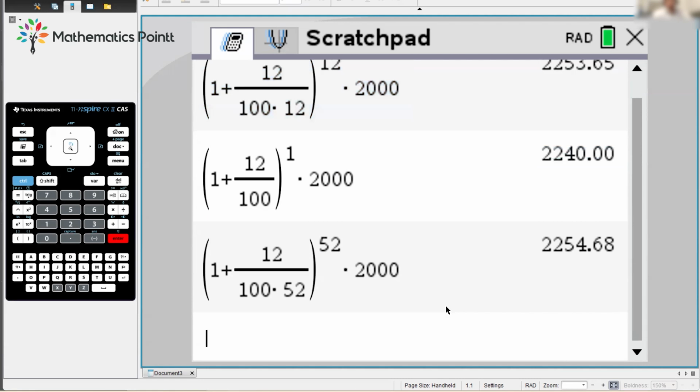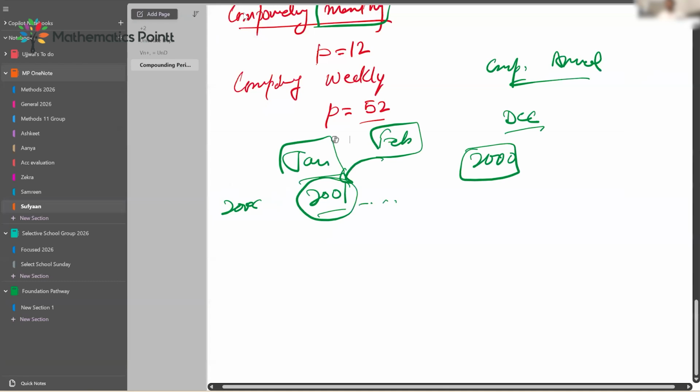Now I can go even further down. I can compound it daily. You get more money. And when I compound daily, what is the value of P then? If it is compounding daily, what will be the value of P? 365.